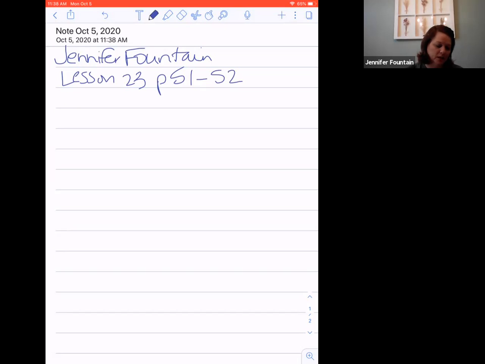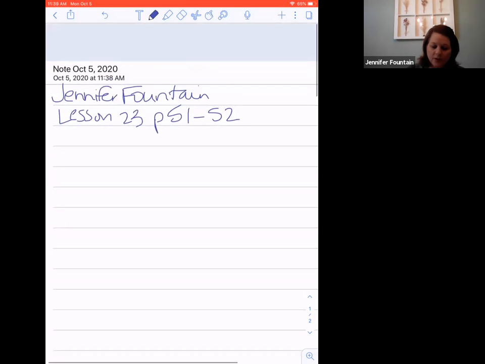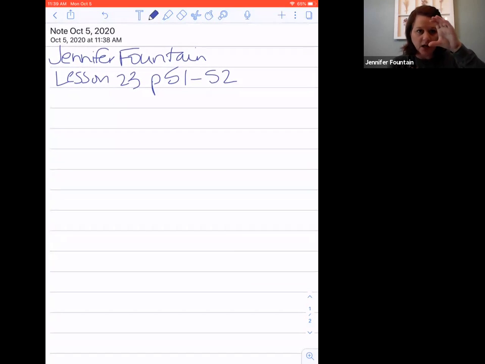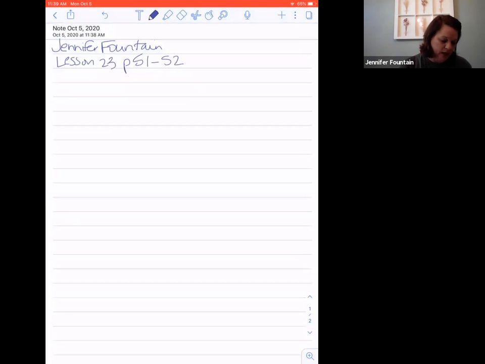Okay. So my little paper doesn't have that big margin at the top. So we're just going to pretend like that's in the white section at the top. Now I'm going to come down to the first line and I will put activities 2, page 51.